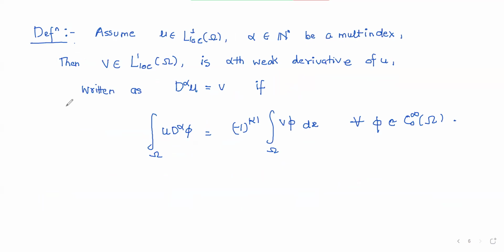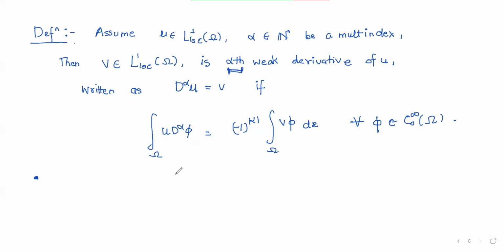So this definition is the alpha-th weak derivative. I will introduce some notation. It is very hard in the beginning because you have a lot of notation to define, but after this I will have a lot of theory. Can you say something without the multi-index alpha?